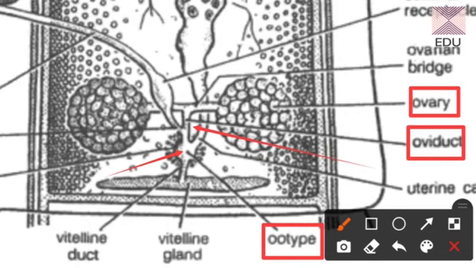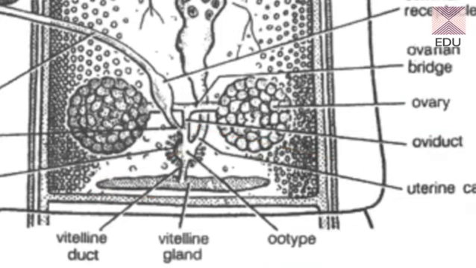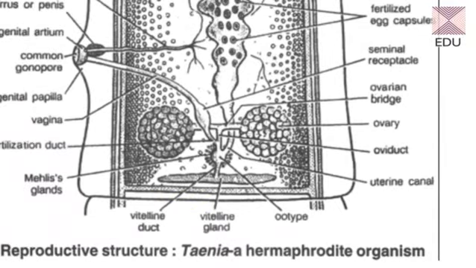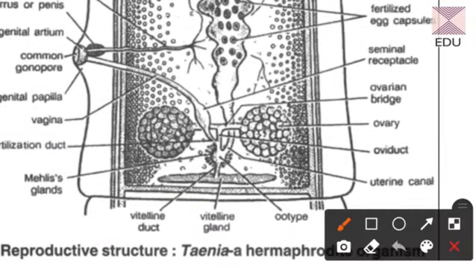Now first of all we take the next part into account, and this is the vaginal tube. You can very well see it is labeled over here. This is a vaginal tube.